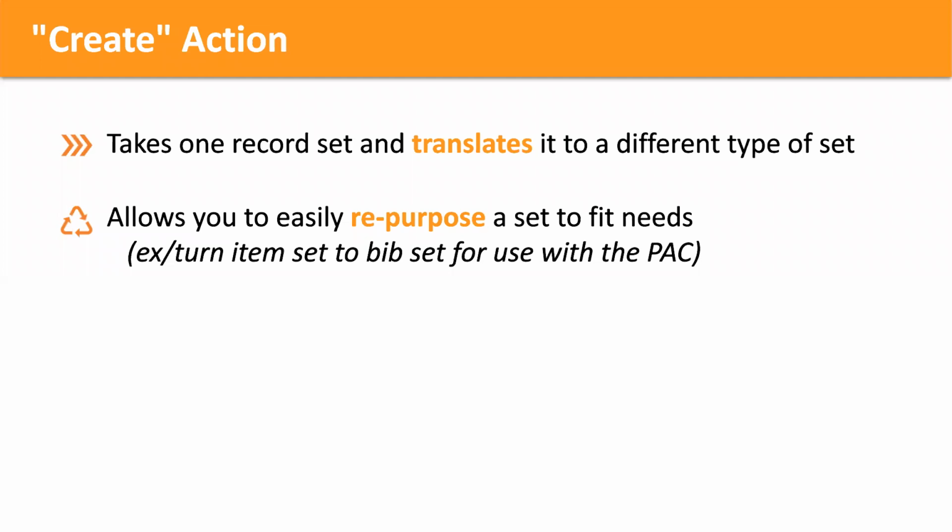So for example, you can only use bibliographic record sets with the Power Pack. Now, let's say you have a really awesome item record set and you want to promote those titles in the pack. So instead of doing all of the legwork to recreate this in a new bib record set, you can use that create action and Polaris will do it for you.